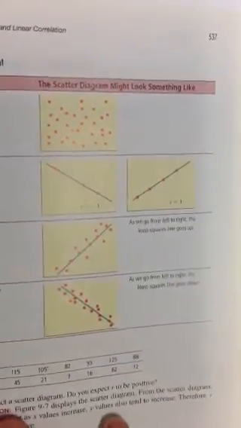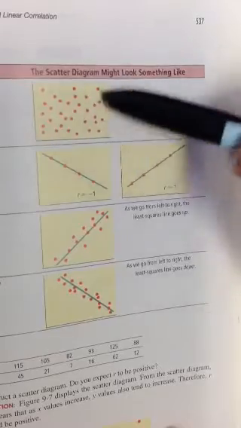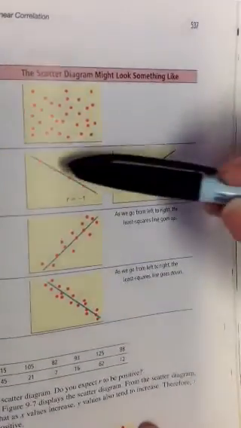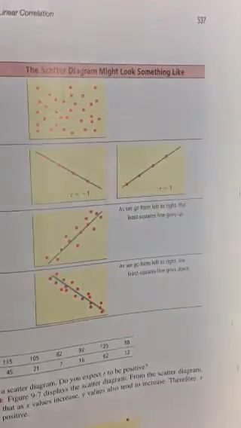Looking at these pictures in your textbook, you can see this is really no linear correlation, so your r would be really close to 0. In this picture, if the points fell exactly on the line, r would equal -1. Here would be +1. This is a negative slope, positive slope.